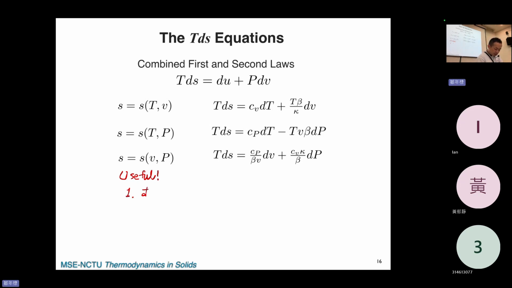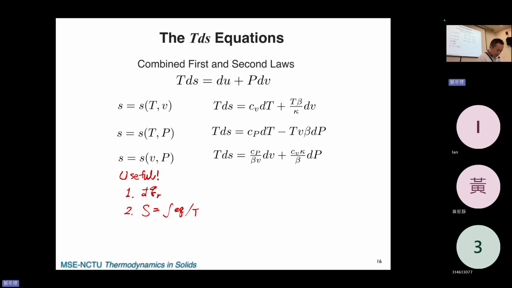Why? Because we can obtain the bar QR, because TDS is the bar QR. The second one, you can determine S by integrating the equations and dividing by T. Yes, because when you push this T to the right hand side and then do the integration, you can get the S. Very useful.